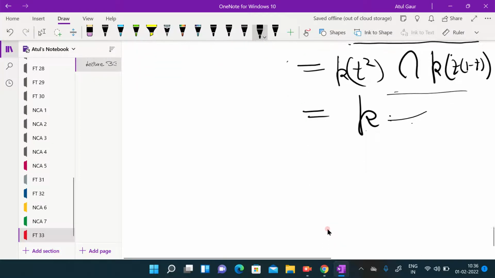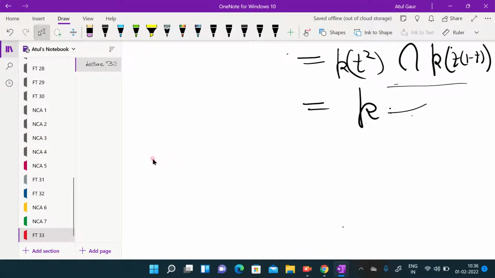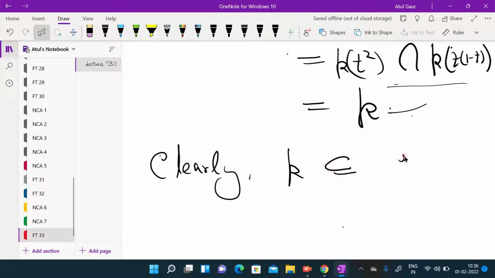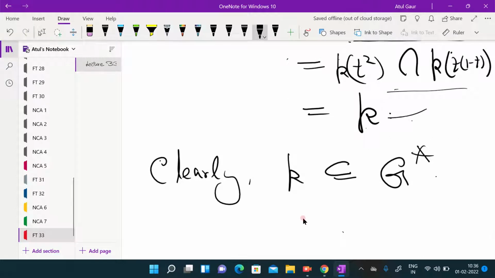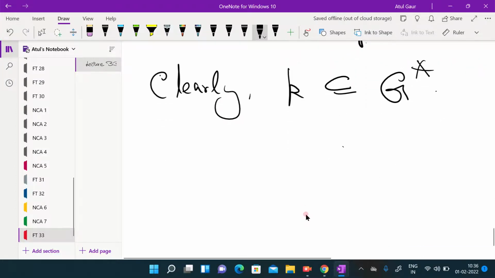Okay. So one-way inclusion is quite natural, because K will be in G star. Is that fine? So only the reverse inclusion we are interested in. For the reverse inclusion, suppose you have an element in G star.